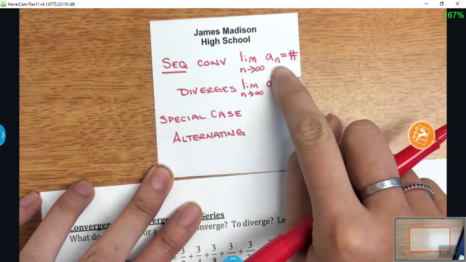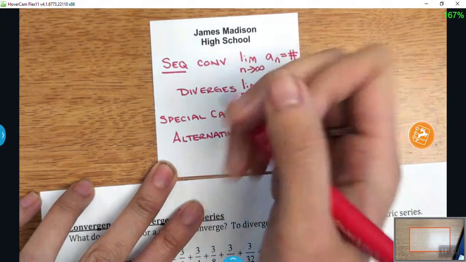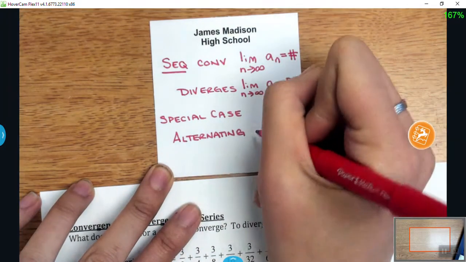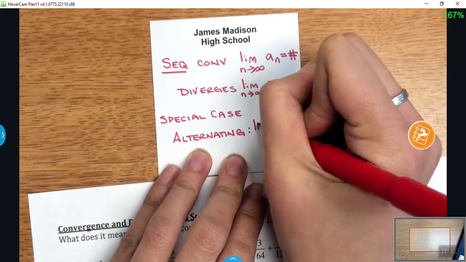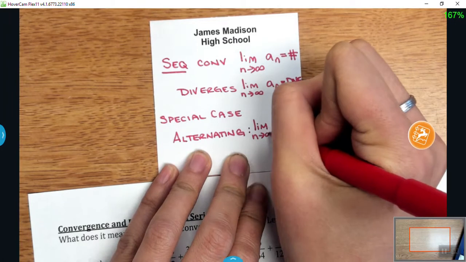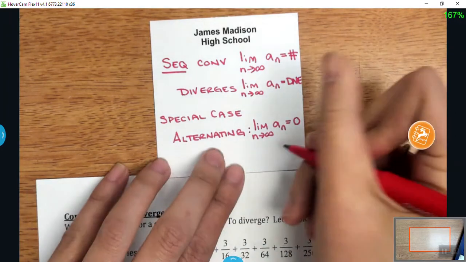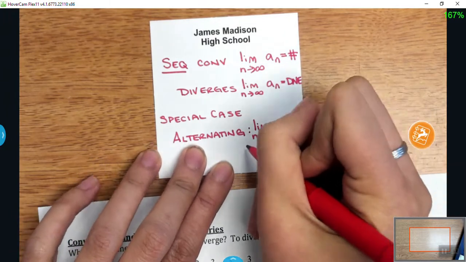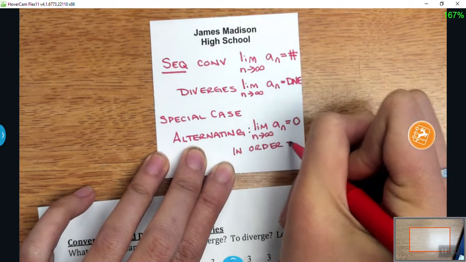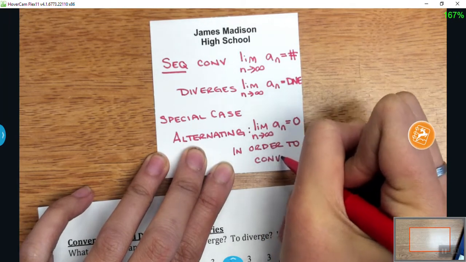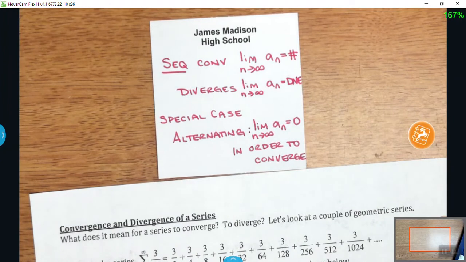Just because the limit exists doesn't mean that it's going to converge. If it's alternating, the limit has to go to 0 in order to converge. Okay, all good?